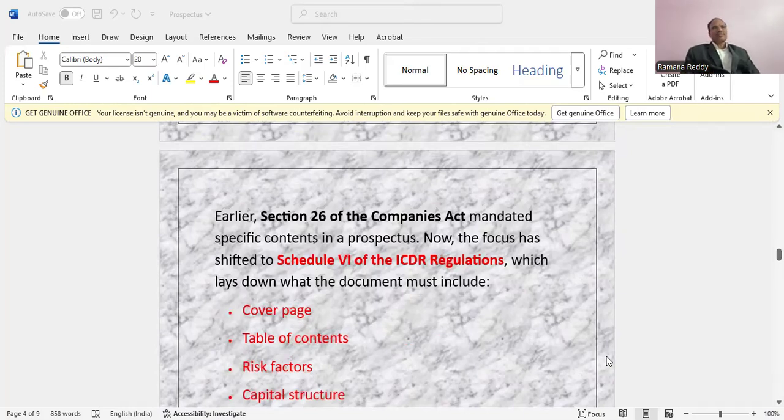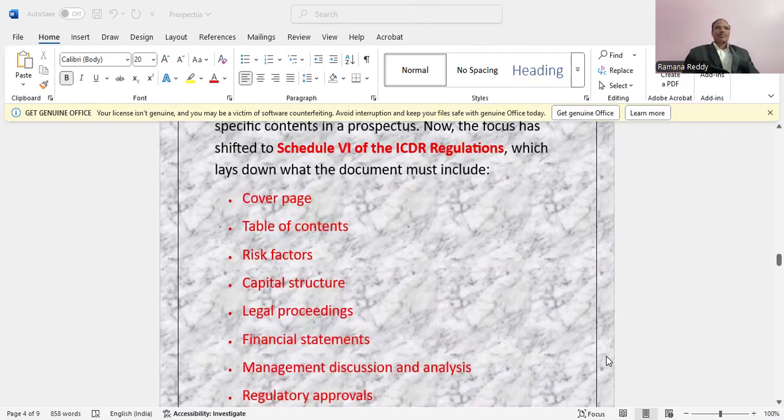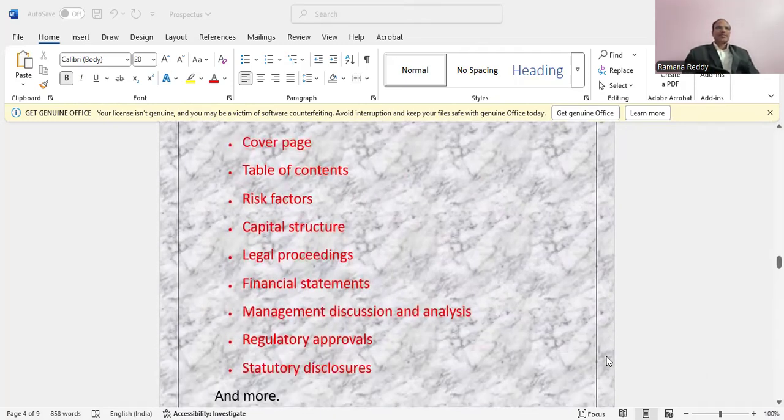Earlier, Section 26 of the Companies Act 2013 mandated specific contents in a prospectus. Now, the focus has shifted to Schedule 6 of the ICDR Regulations, which lays down what the document must include: cover page, table of contents, risk factors, capital structure, legal proceedings, financial statements, management discussion and analysis, regulatory approvals, and statutory disclosures.